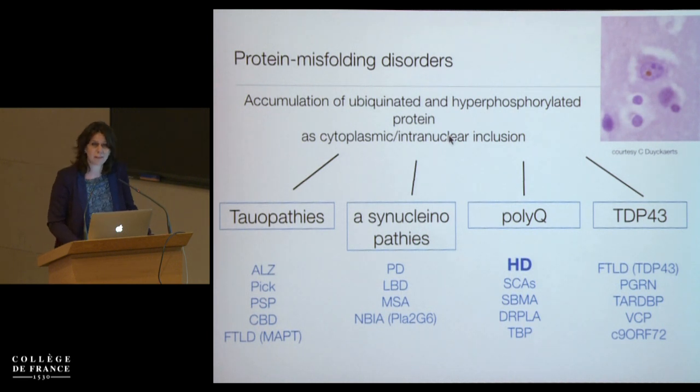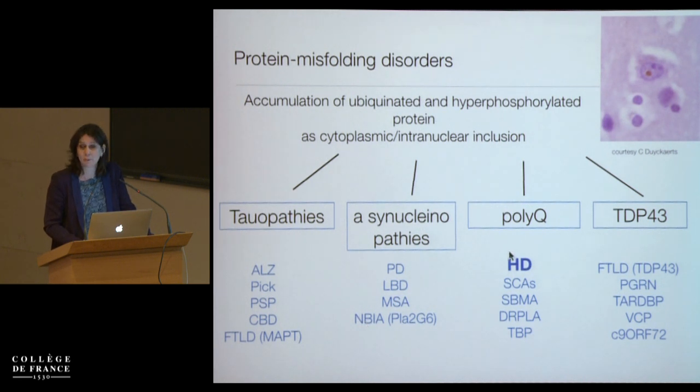If we think about what is accumulating, and put the disease next to it, then we have the leading field for the tauopathy of Alzheimer's disease, alpha-synucleinopathy in Parkinson's disease, but also very early onset, more pediatric diseases like the NBIAs, the metal accumulation in the striatum.